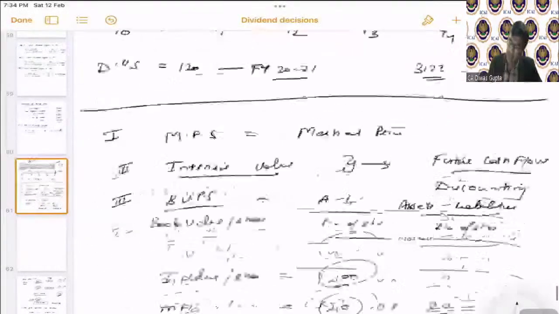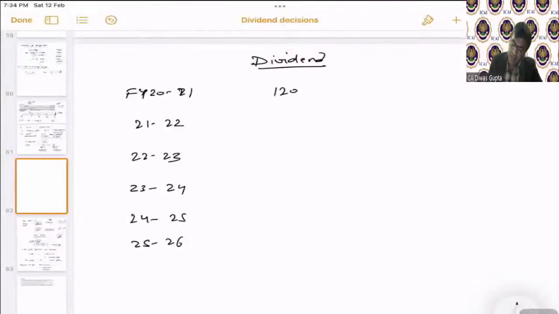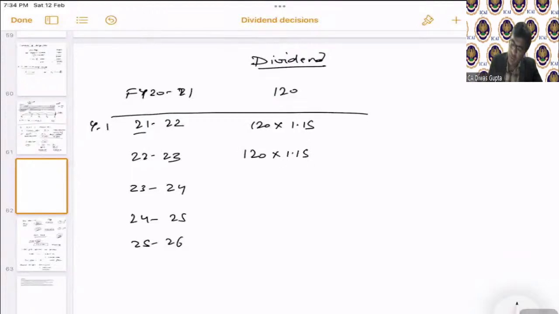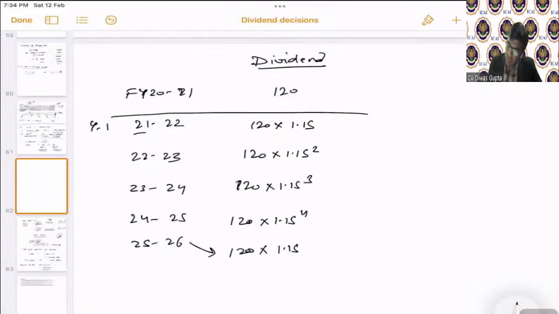Now we have to value after 2021, that is, before 21-22, so this is our year beginning. So here it will be 120 multiplied by 1.15, then 120 into 1.15 raised to the power of 2, then 120 into 1.15 raised to the power 3. Similarly, here it is 120 into 1.15 raised to the power 4. And the last part is 120 into 1.15 raised to the power 4 multiplied by 1.05.